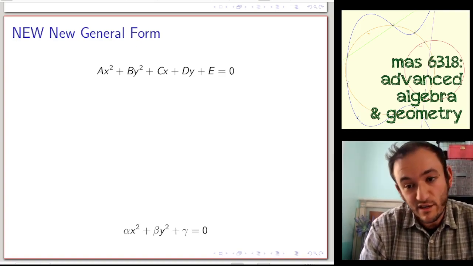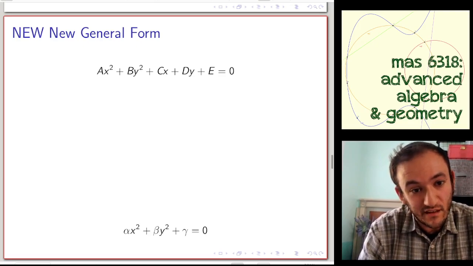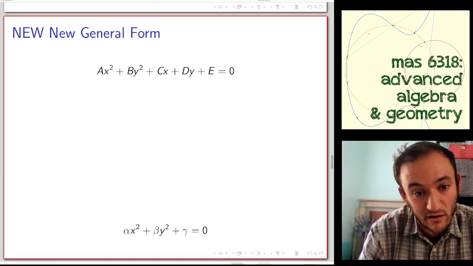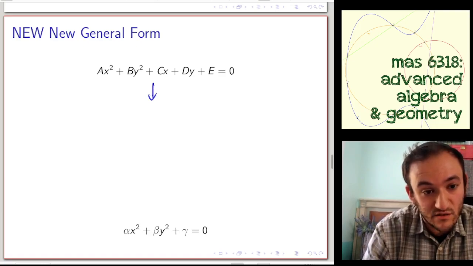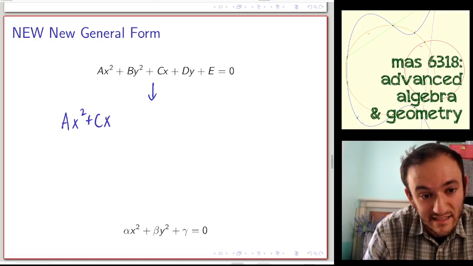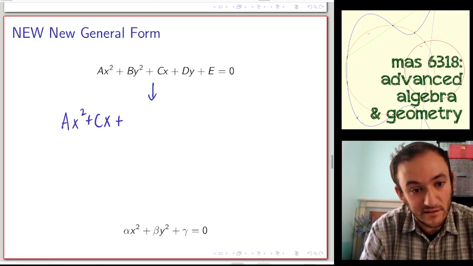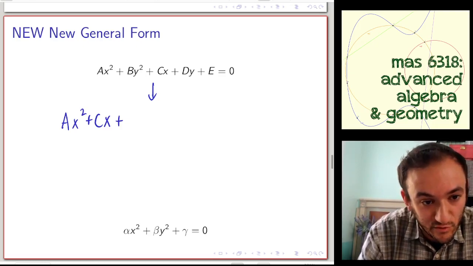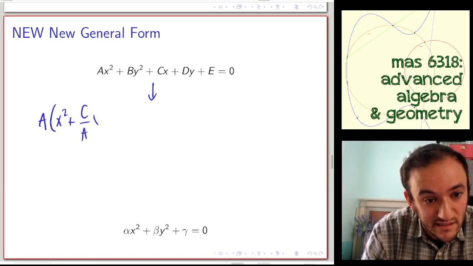Now, assuming that a and b are not 0, what we can do is complete the square. We'll get a x squared plus c x, and you can first divide through by a, so you get a times x squared plus c over a x.